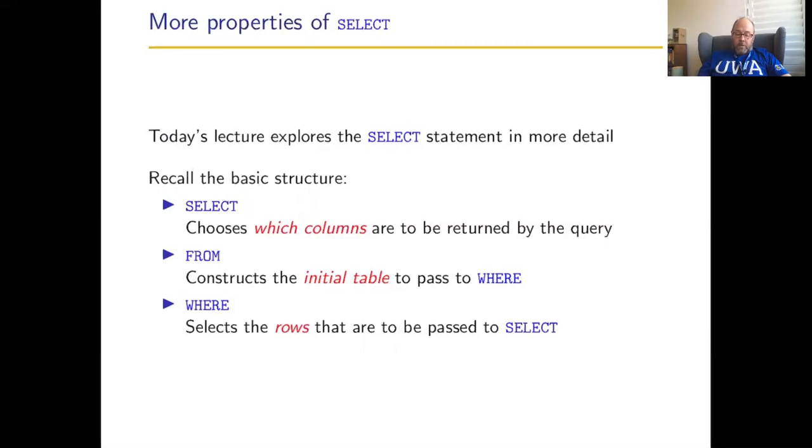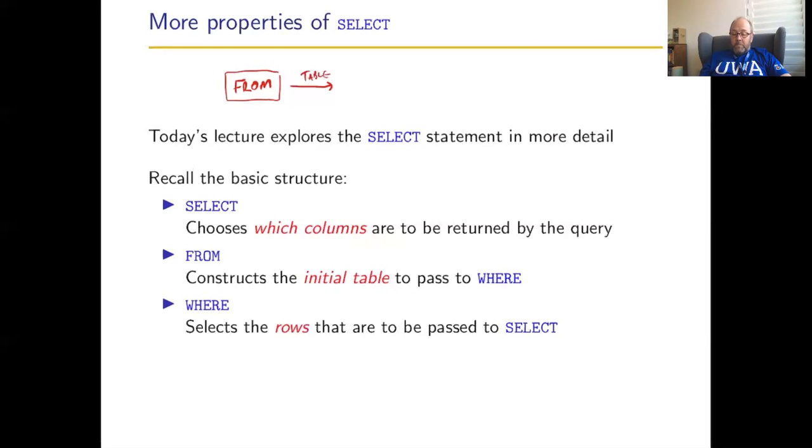So even though that's a different order from how they are written in the command, what really happens is that the from statement is first executed. That produces some table as its output.